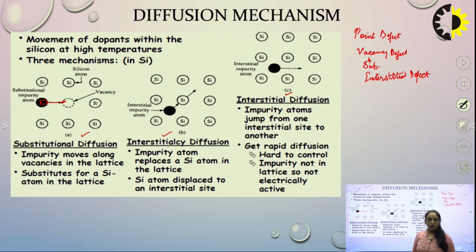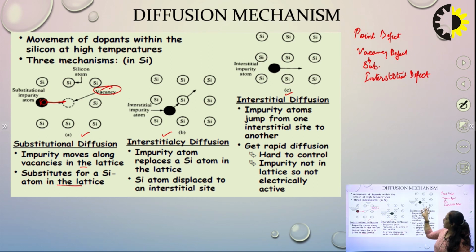The vacancy is already there and your impurity atom, the dopant atom, is going to shift there. So, the limitation in this is that adjacent to this dopant atom or impurity atom, there must be a vacancy. So, the movement of the dopant within the structure, if some vacancy is there adjacent to the dopant atom, is known as substitutional diffusion. The impurity moves along the vacancy in the lattice and substitutes for the silicon atom.